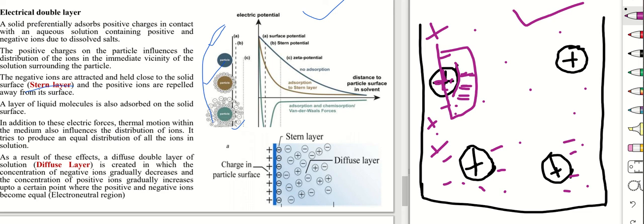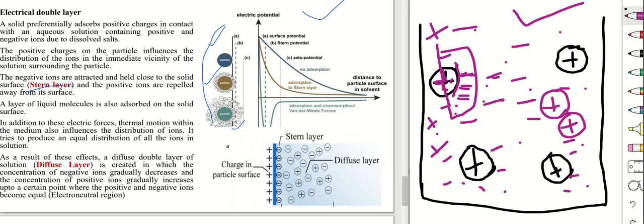Now this migration of negative ions towards the solid surface will cause the migration of positive ions of the dispersion medium away, and the negative ions will come closer to the drug particles.